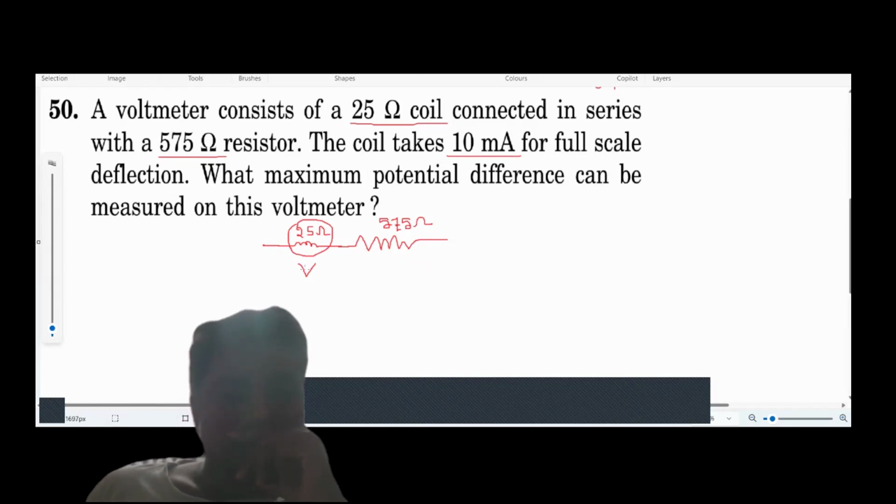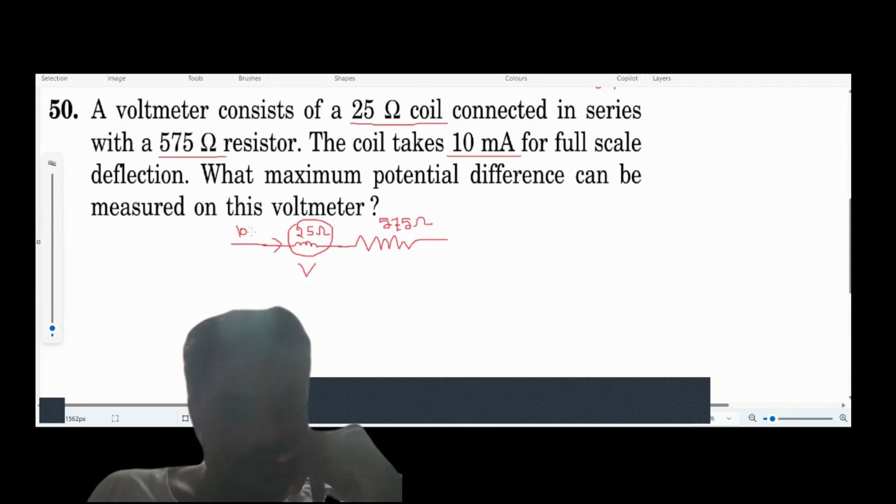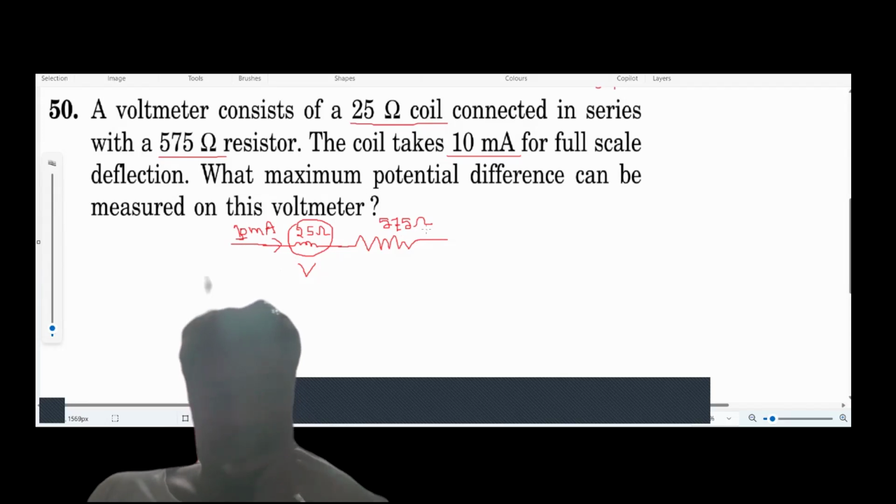The question is asking, the coil is actually taking how much current? 10 milliamp. So definitely the same 10 milliamp flows through the 575 ohm as well, right?